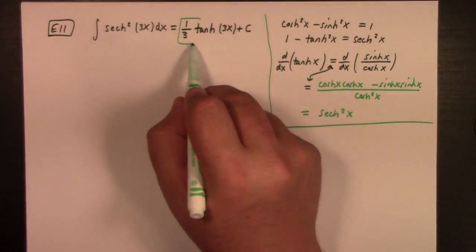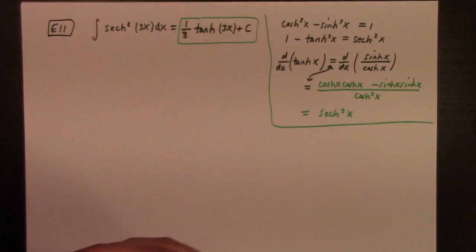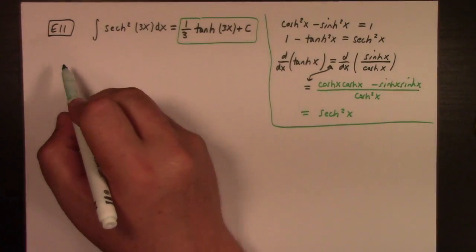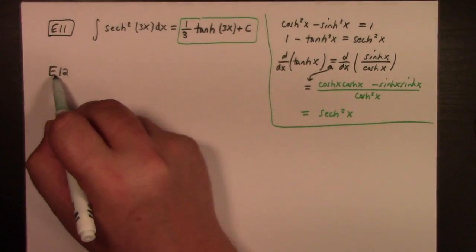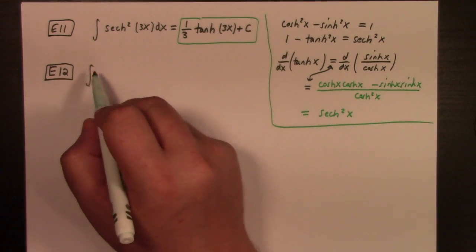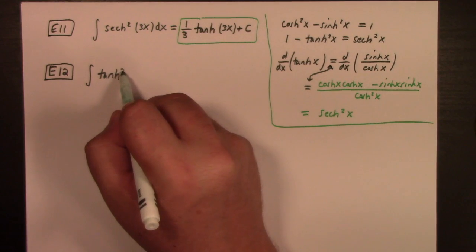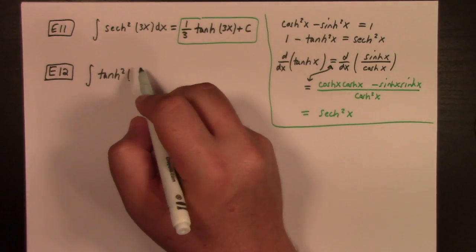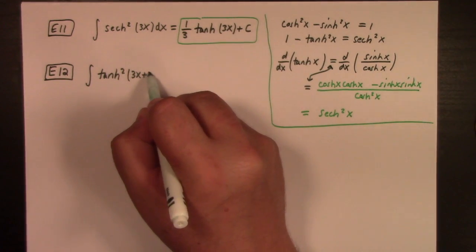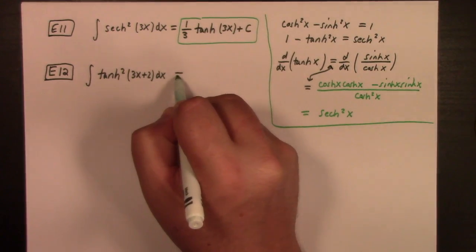Now, of course, if you were to face an integral like, I don't know, hyperbolic tangent squared of, let's say, 3x plus 2, right? What would that be?